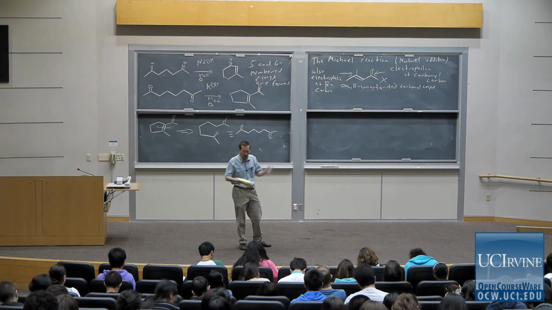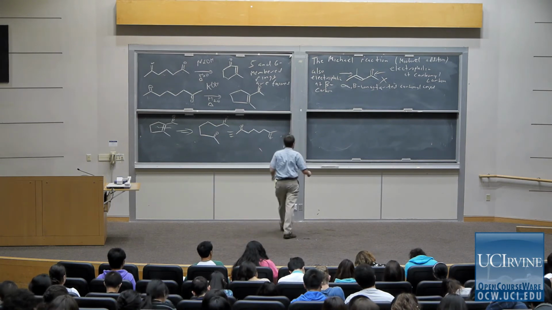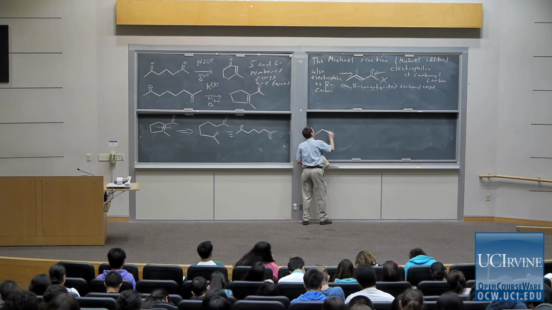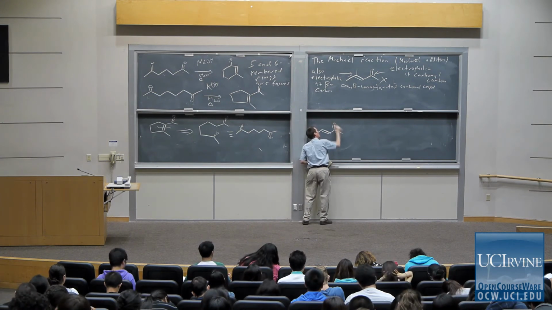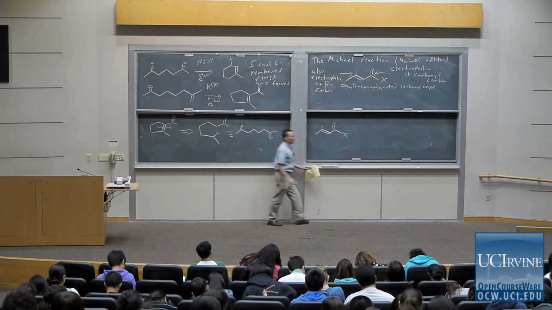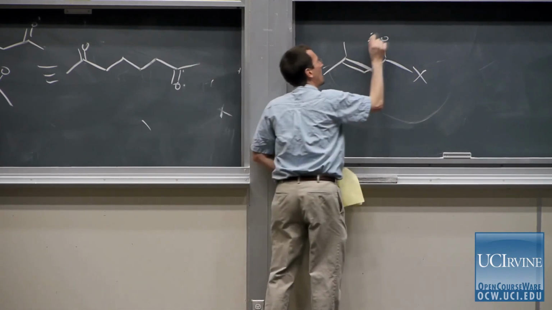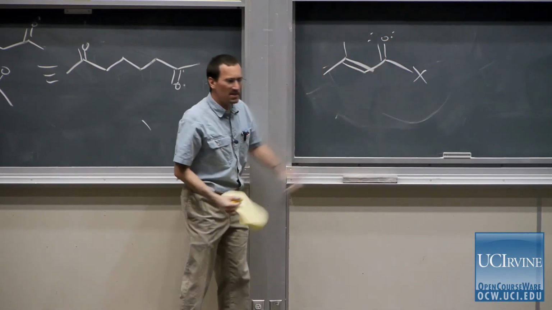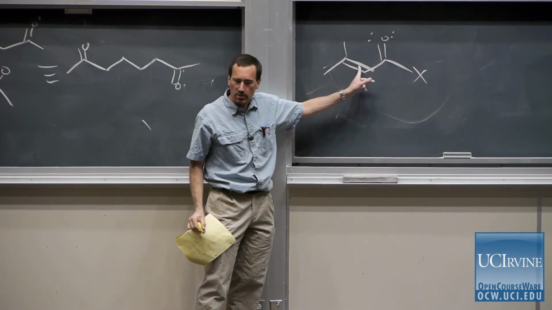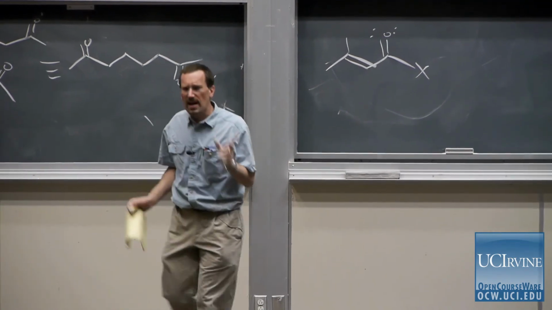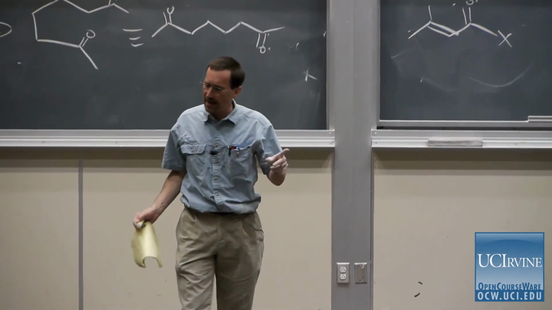Now, when we talked about cuprate chemistry, we said we can think about the reactivity in terms of resonance, as we did when we talked about carbonyl chemistry. So in general, you have some carbonyl compound, and we can recognize that this is the most important resonance structure. But we also know that oxygen is more electronegative than carbon.